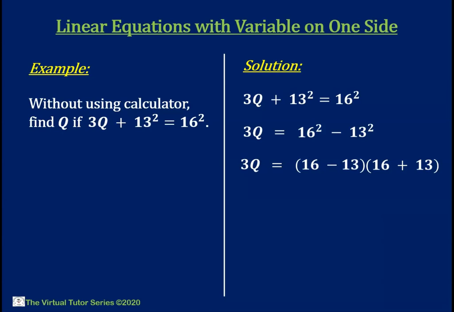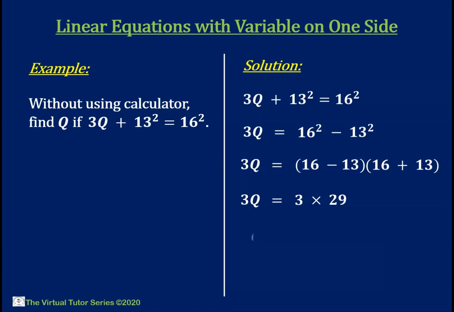Here is our 3q. 16 minus 13 is 3, and 16 plus 13 is 29. We can now detach q from 3 by dividing both sides by 3.